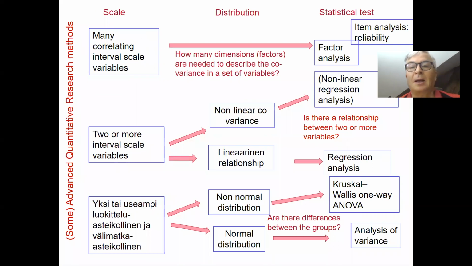This is the second. So typically we would be in this situation. We have many correlating interval scale variables, and we are interested in how many dimensions, we call them factors in this case, how many factors, hidden latent variables, are needed to describe the covariance of this set of variables here.